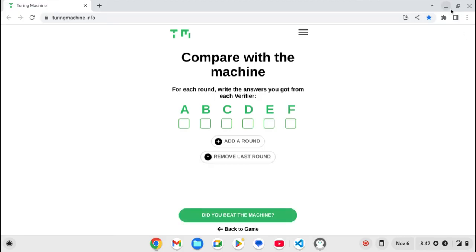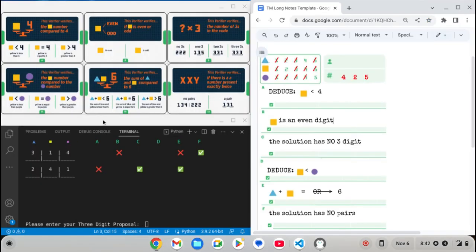Now, how do we do versus a Turing machine? Well, this puzzle uses 6 criteria cards, and we actually did do 6 tests. We just duplicated E, and we deduced outright D. First round we did B, E, F, and F was our only correct answer. And then we did A, C, E in the second round.